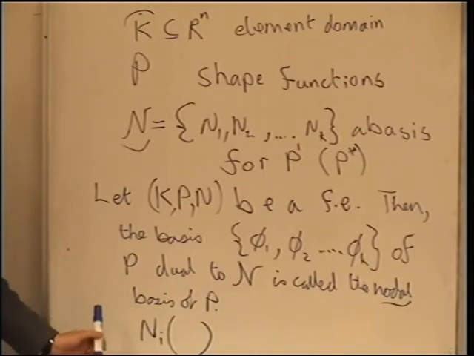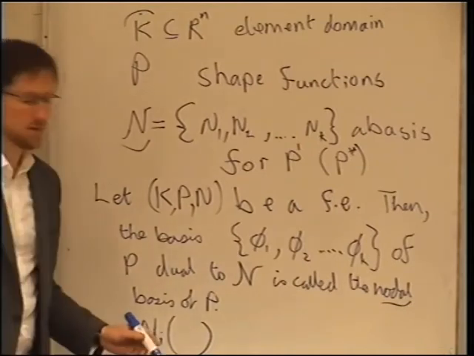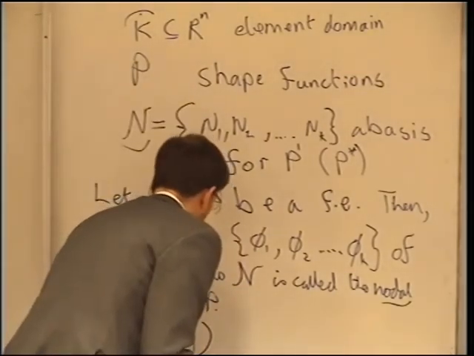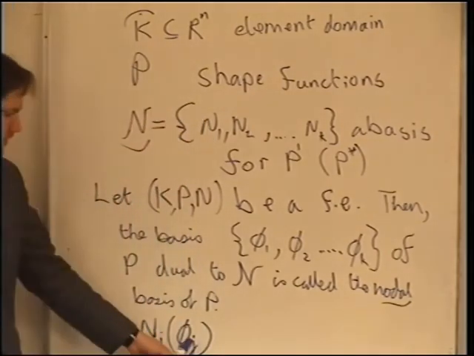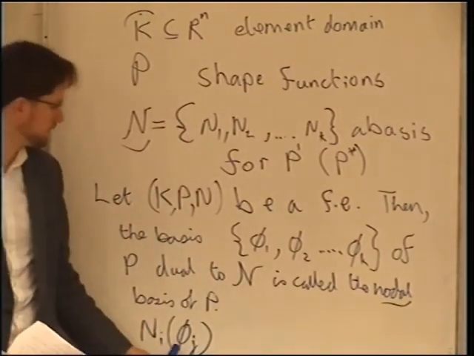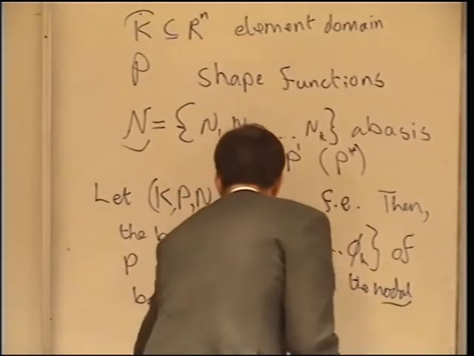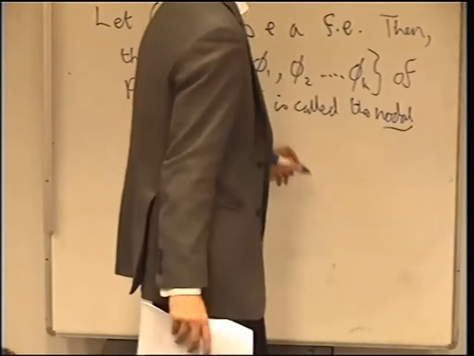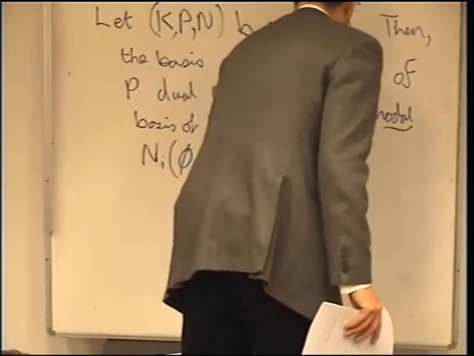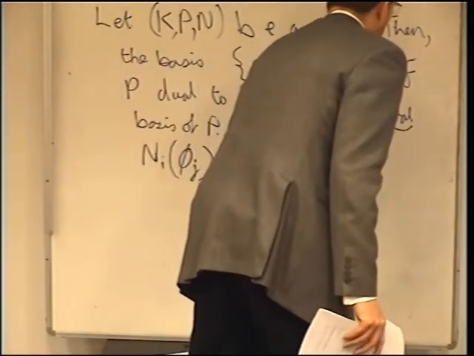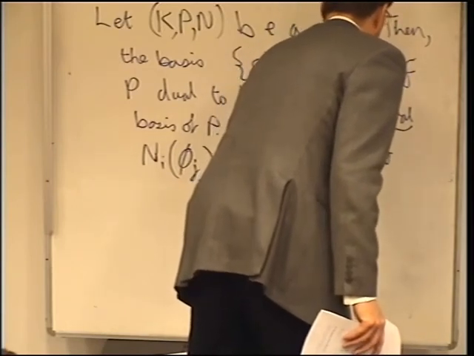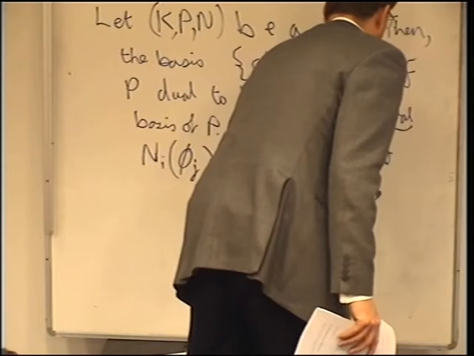So Ni eats functions in P. So Ni of one of these basis functions, phi j, so I can take any one of these and any one of these, those are two different things, is equal to the Kronecker delta of i and j. So the Kronecker delta, that's the function 1 if i equals j, and 0 if i is not j.